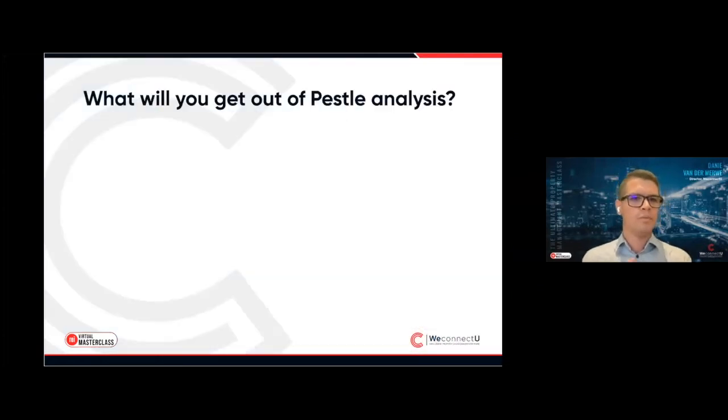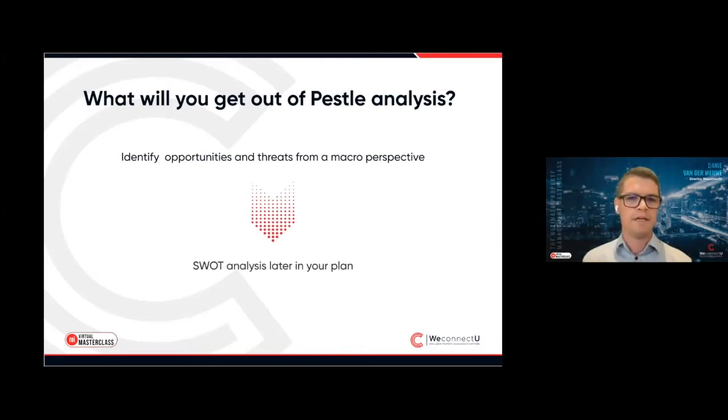All right, so what will we get out of the PESTLE analysis? The main thing we will be getting out of this is being able to identify opportunities and threats from a macro perspective. And then these opportunities and threats, as communicated a little bit earlier, will be used in your SWOT analysis later in your business plan.